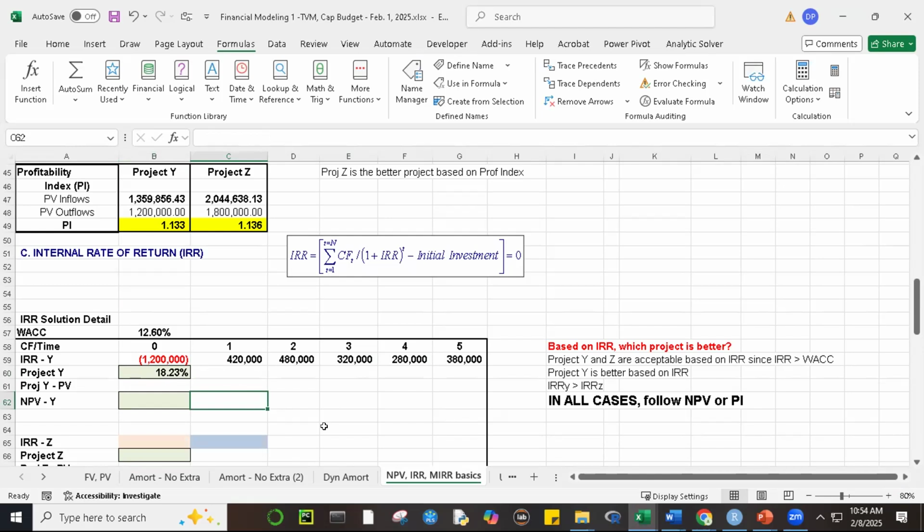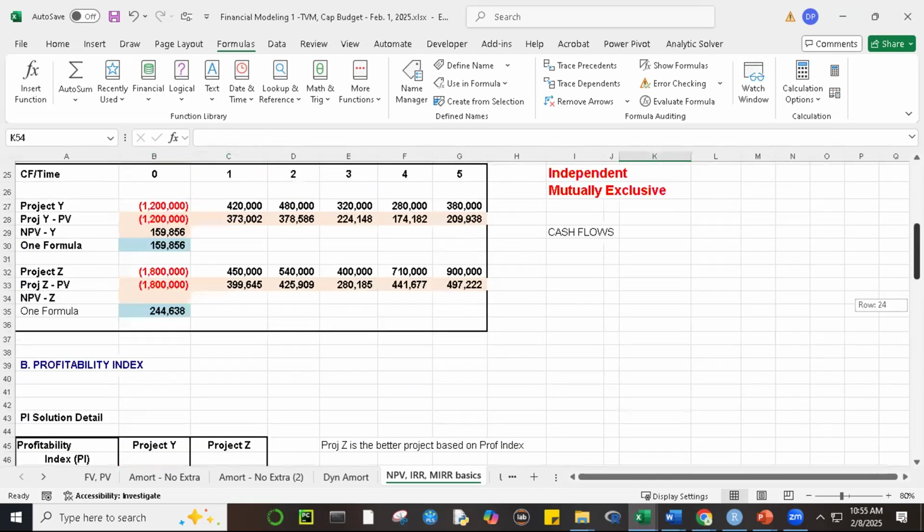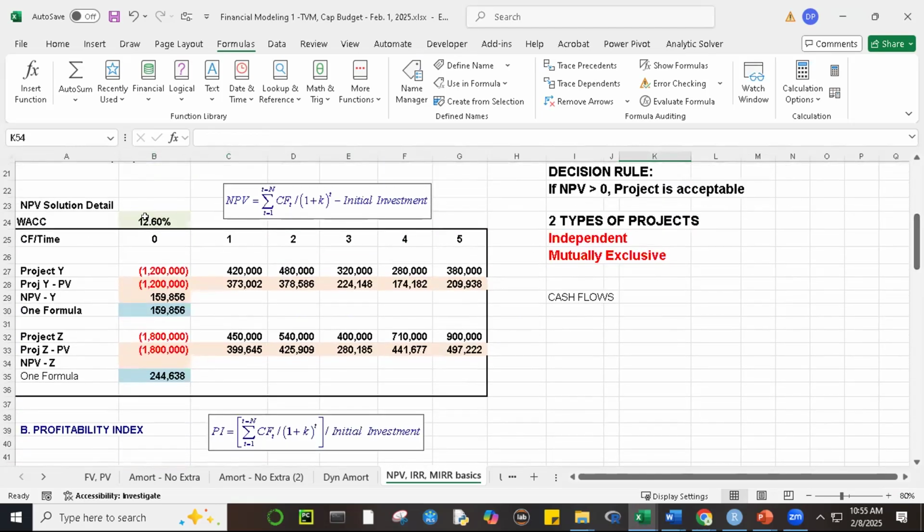So the question is, what will be the NPV of project Y if we were using the IRR as our discount rate? My question is, the weighted average cost of capital is 12%, right here. And when we use this to get the NPV of project Y, it was 159,856.